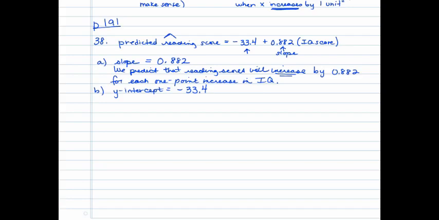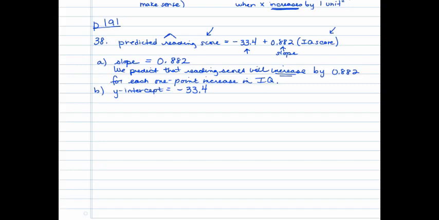Okay, so think about what this is meaning. The values that we're going to be comparing, the IQ score is the explanatory variable or the independent variable, and the reading score is the response variable or the dependent variable. So this is basically saying that when you have an IQ score of 0, you have a reading score of negative 33.4.